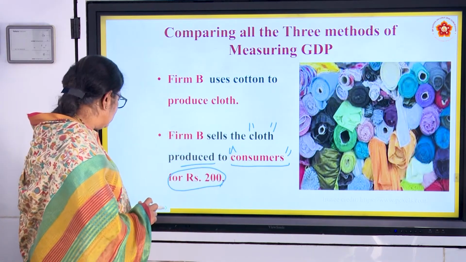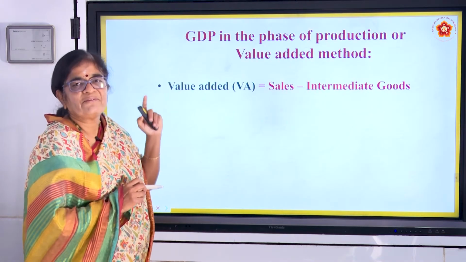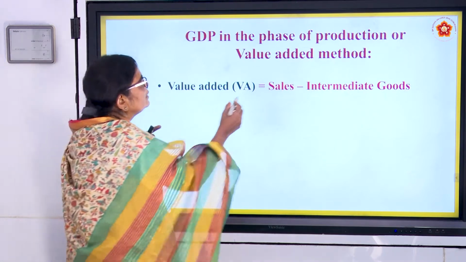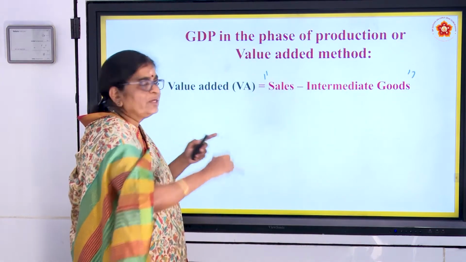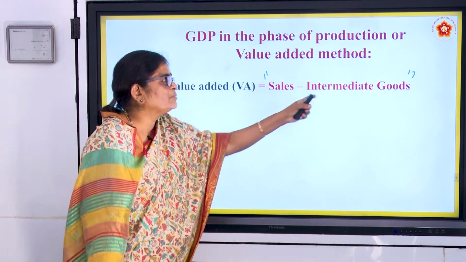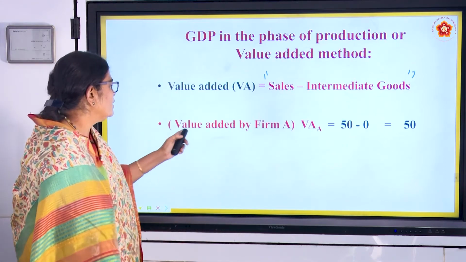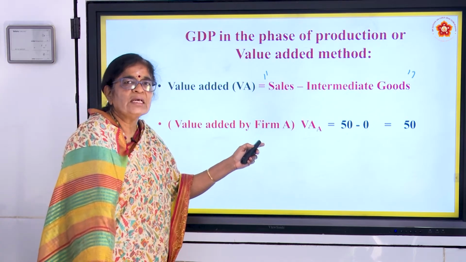Here we are going to see how to calculate the value added by firm A and the value added by firm B. We have already studied value added under the product method: it is nothing but sales minus intermediate goods. Firm A is a farmer producing cotton.